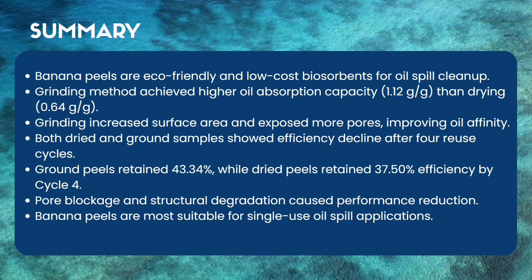Ground peels retained 43.34% while dried peel retained 37.50% efficiency. Pore blockage and structural degradation cause the performance reduction. And finally, the banana peels are most suitable for single-use application. This finding highlights the potential of agricultural waste as a sustainable solution for marine oil spill cleanup.